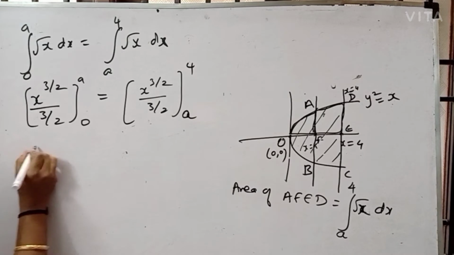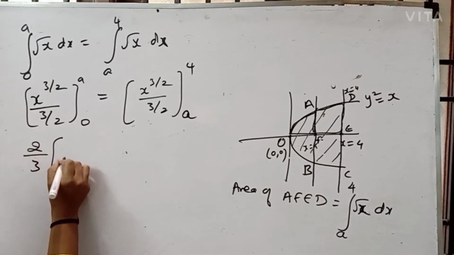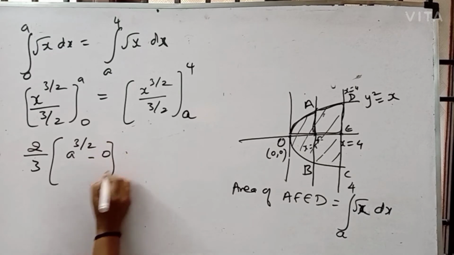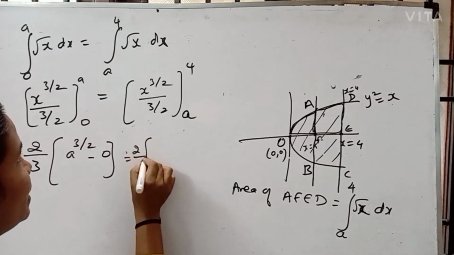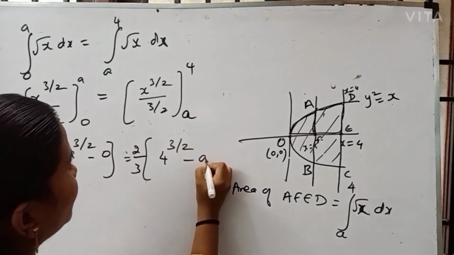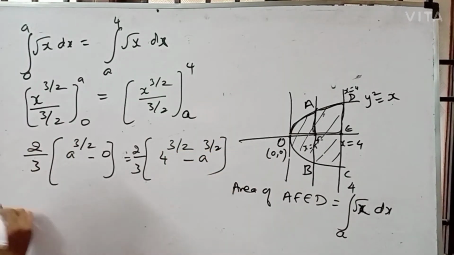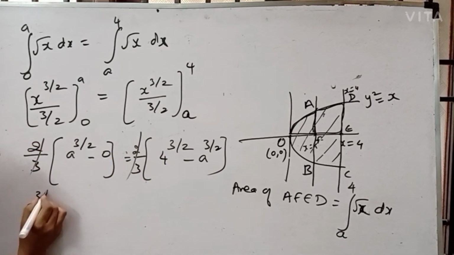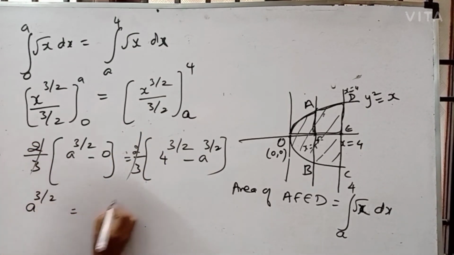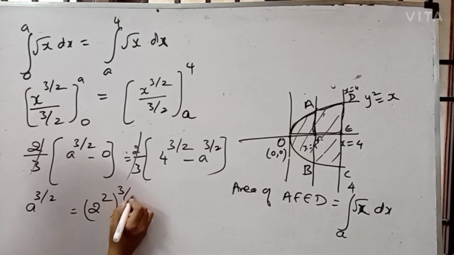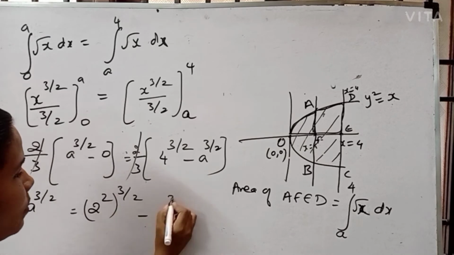So this implies 2 by 3 times upper limit a to the power 3 by 2 minus lower limit 0 is equal to 2 by 3 times upper limit 4 to the power 3 by 2 minus lower limit a to the power 3 by 2. The 2 by 3 gets cancelled, and we have a to the power 3 by 2 equal to 4, which we can write as 2 square the whole power 3 by 2, minus a to the power 3 by 2.